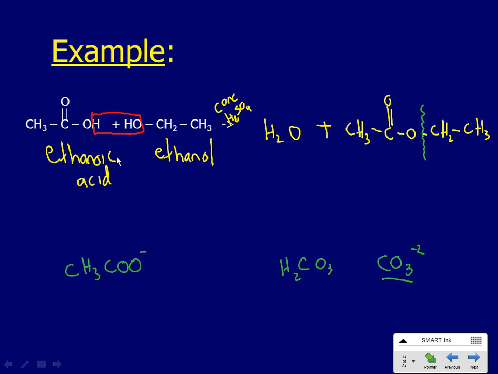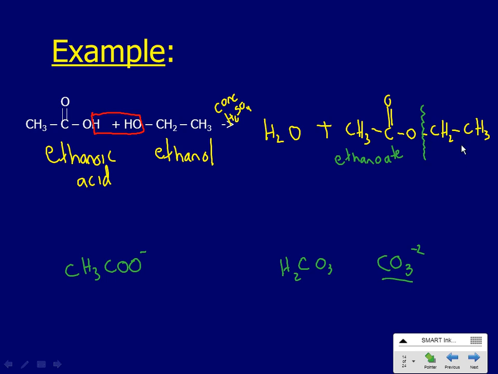Let's take this ic and let's turn it into an ate. What is that chunk going to be called? Actually we call it ethanoate, right? So ethanoic, ethanoate, okay? So this end piece is called ethanoate. Now I'm not putting the name together because actually it comes last because it's the parent name. But I'm just naming the chunks for now.